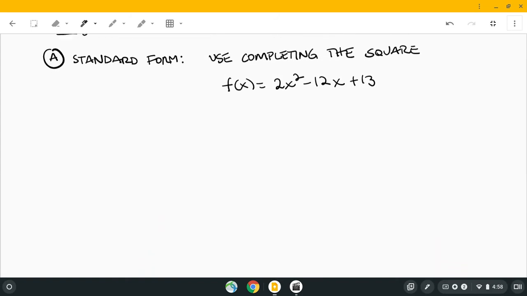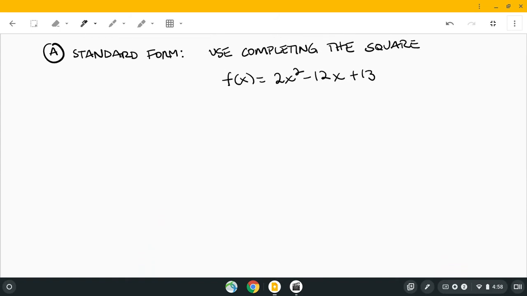All right, so here we go, completing the square. If you remember, we can't start unless the leading coefficient is 1. So I'm going to factor out 2 from these terms, but not out of the 13. I'll have 2 times x squared minus 6x, and I'm going to move this 13 over. Now remember, if you add something here, then you're going to subtract it over here.